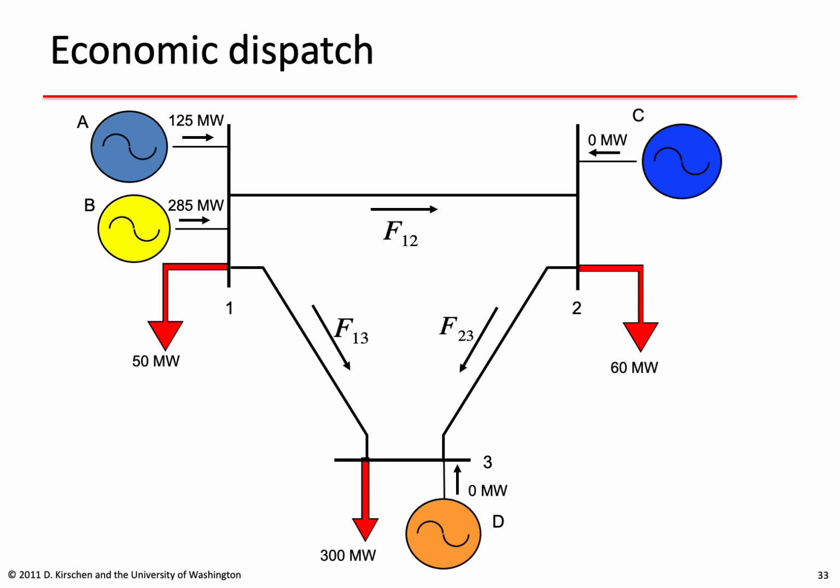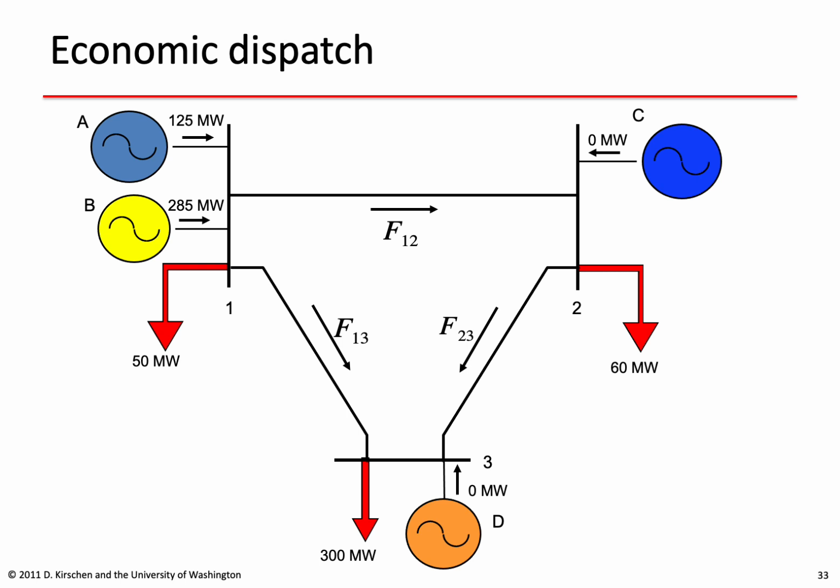Generator B is the cheapest, but can only produce 285 megawatts, so it gets loaded up to its maximum. And the rest of the load is produced by the next cheapest generator, which happens to be generator A. So A produces 125 megawatts, so that the whole load is satisfied by production located at bus 1.